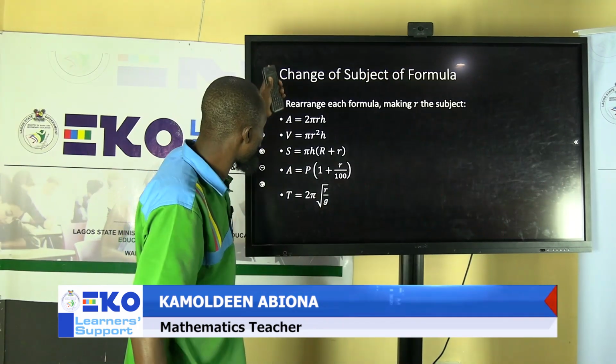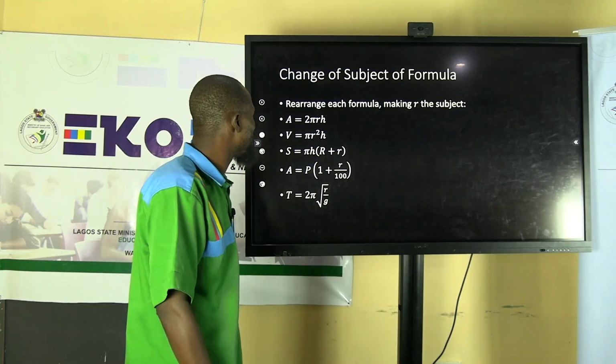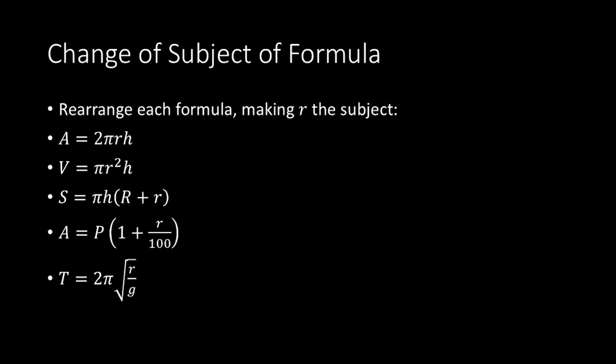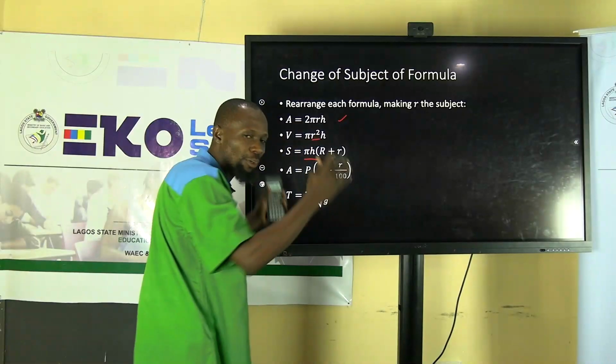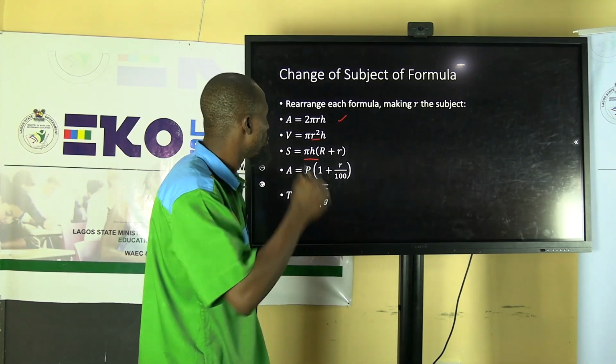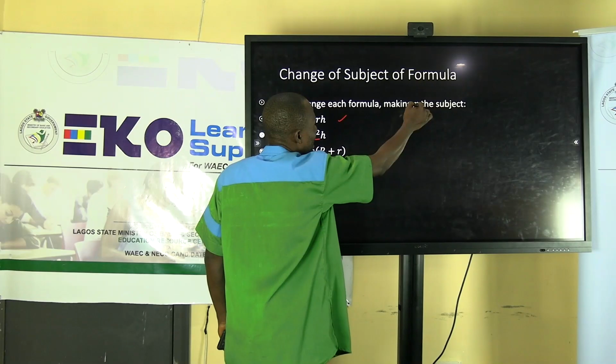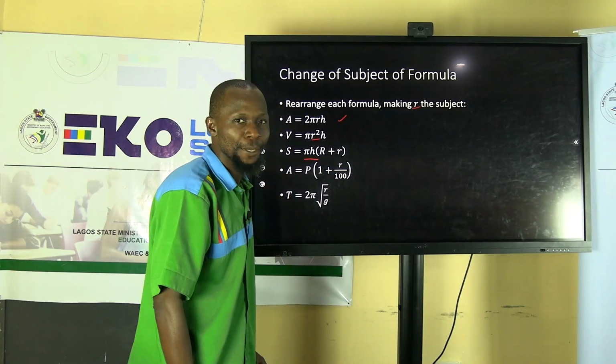Okay, it means all this, we should be able to change the subject of formula of these equations or formula. This is the formula, this is another formula, this is another formula. We have various formulae. So based on what we have learned, we should be able to make the subject of formula here.